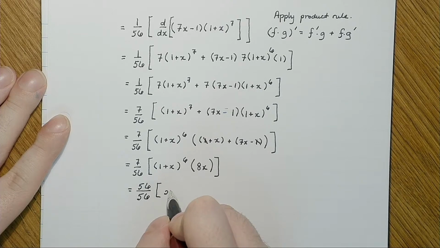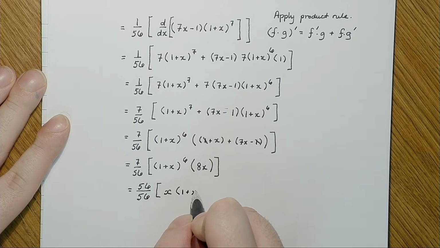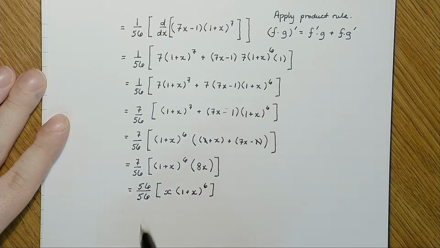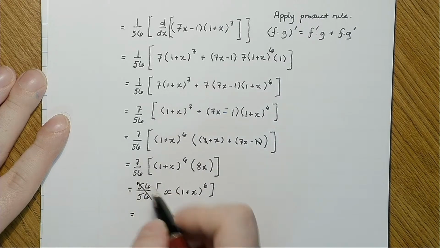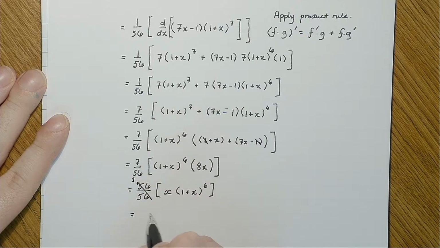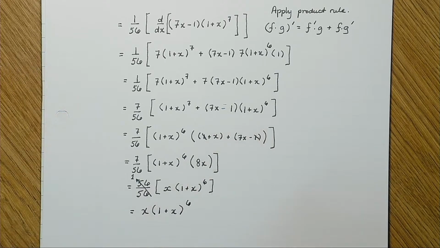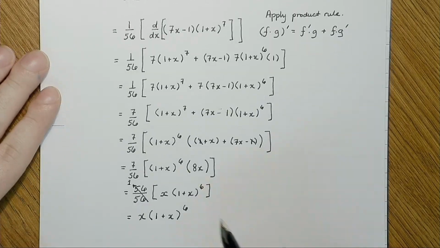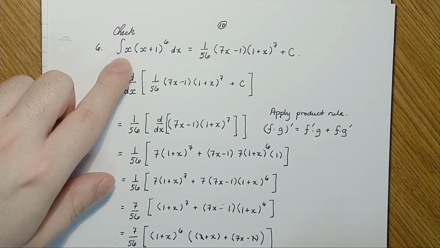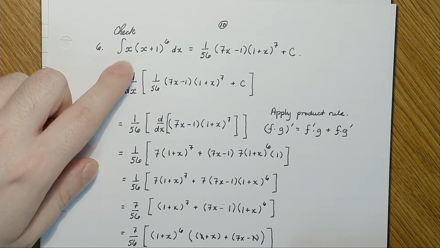So I'm just left with x times 1 plus x to the 6th. So that's just 1. Okay, I'll make sure I say that's 1. So I'm left with x times 1 plus x to the 6th. And so yes, what we have done is we've actually shown that this is true.